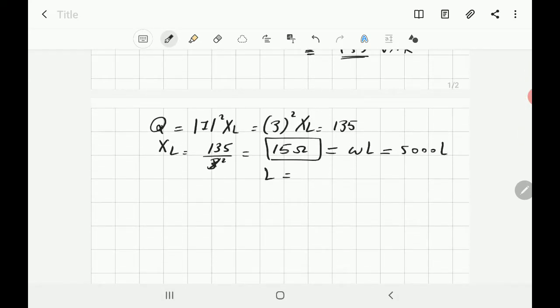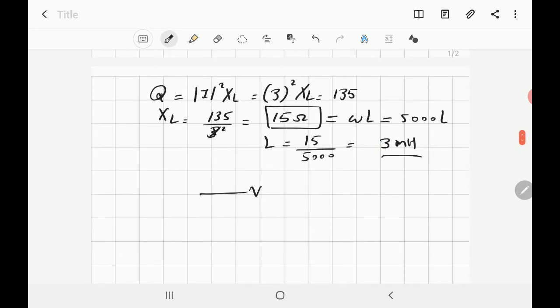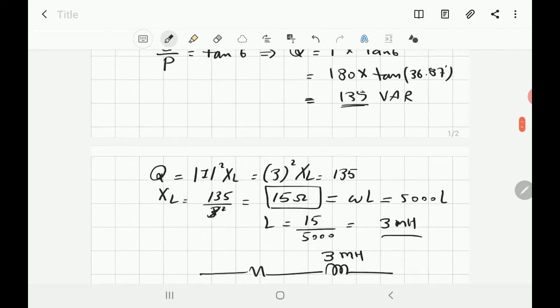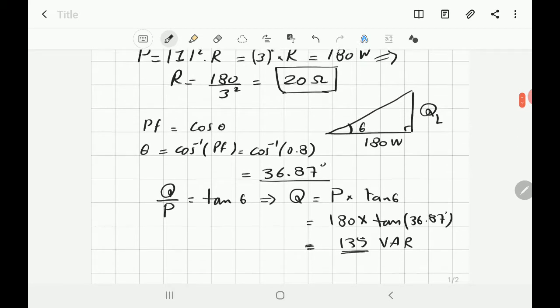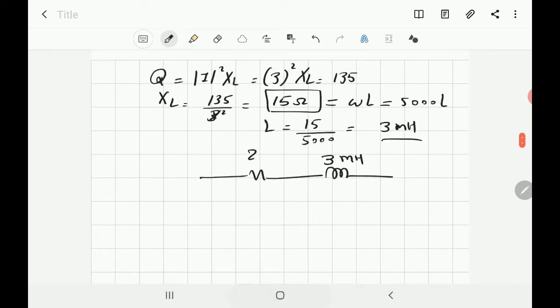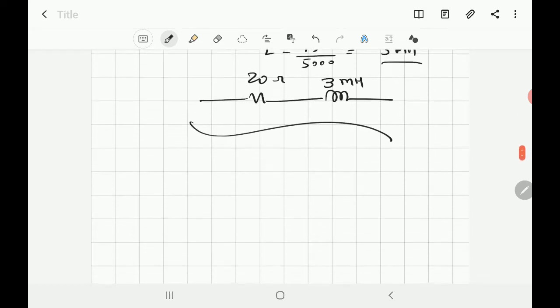So L is equal to XL, 15 ohm, divided by 5,000. It will give you 3 millihenry. So now we know that the branch consists of a resistor and an inductor. The inductor is equal to 3 millihenry and the resistance we found out is equal to 20 ohm. So the problem is solved. Okay, let's move to the second problem.